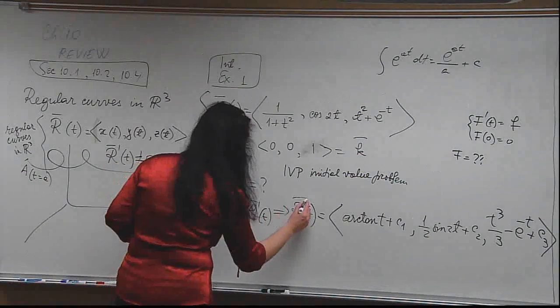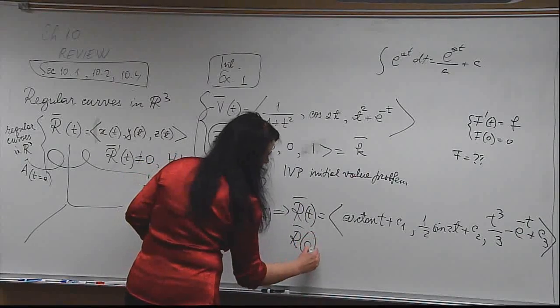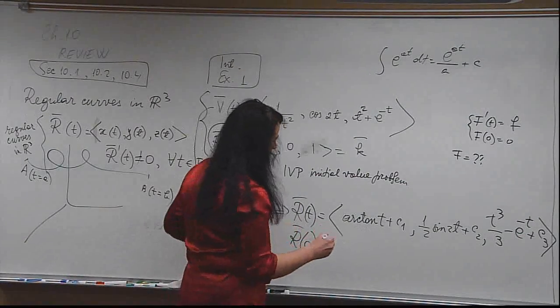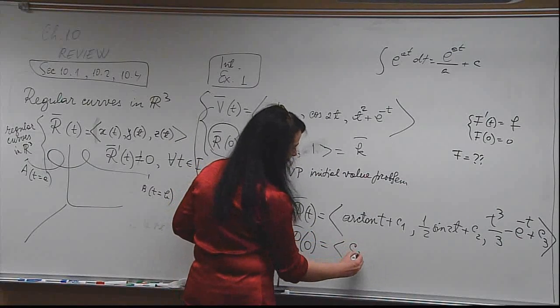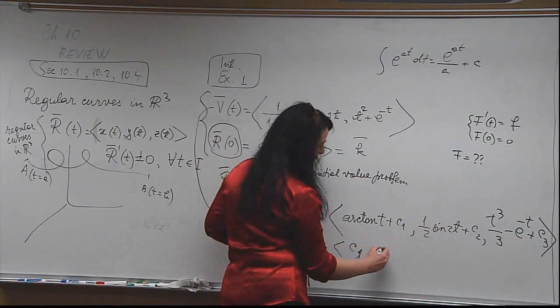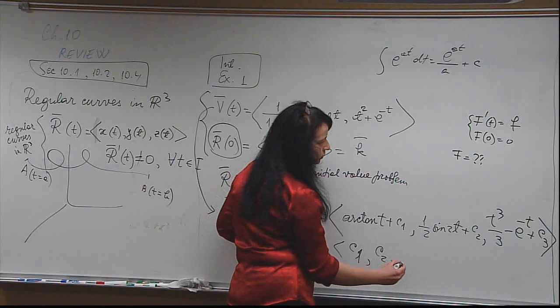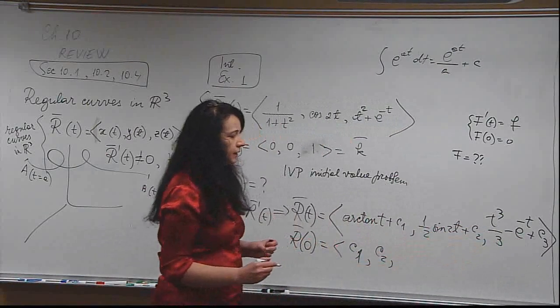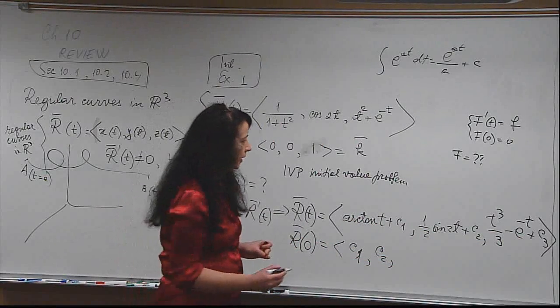R of 0 is given, so the initial position is given as C1, C2, and what? When I replace the 0 here, what am I going to get?